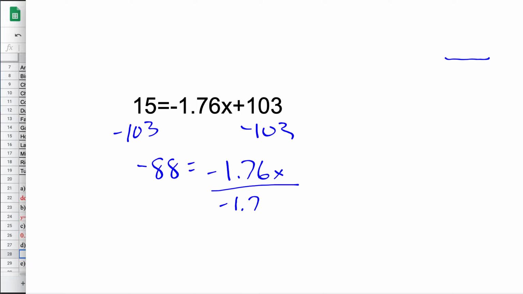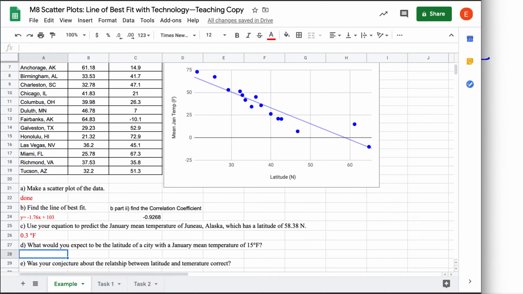Then we divide by negative 1.76, and that gives us x equals 50. So we would expect the latitude of that city to be 50 degrees north.